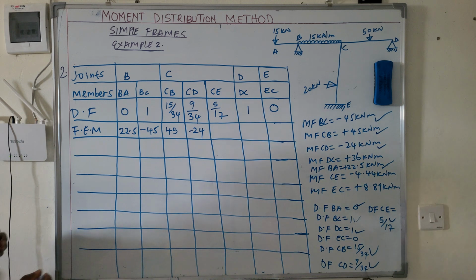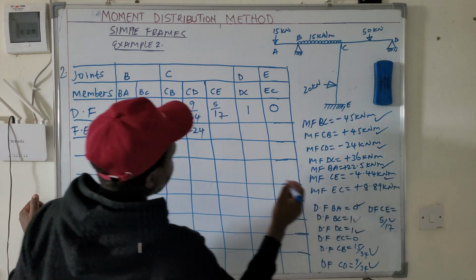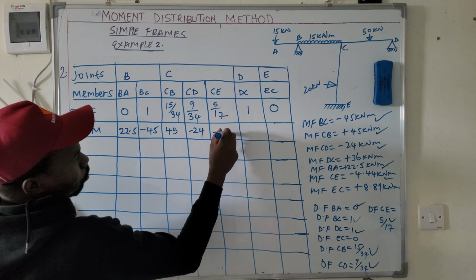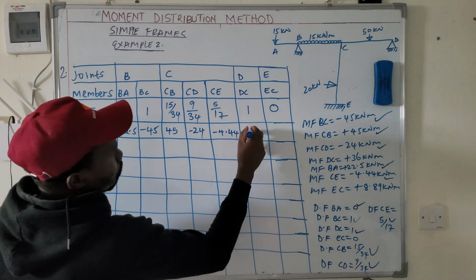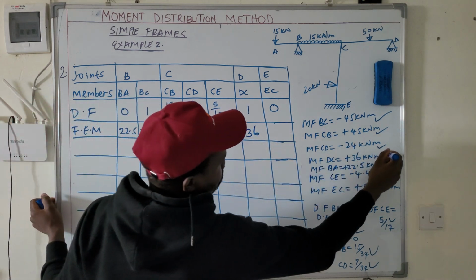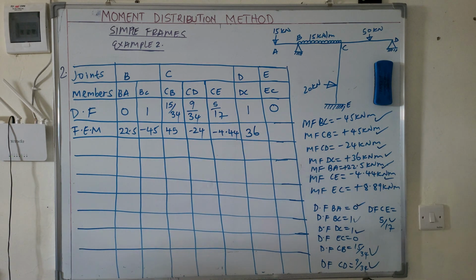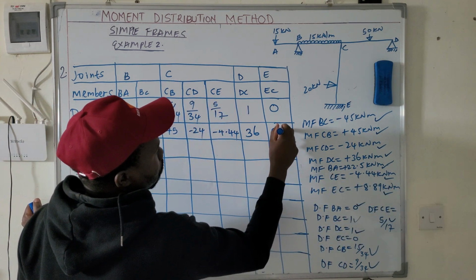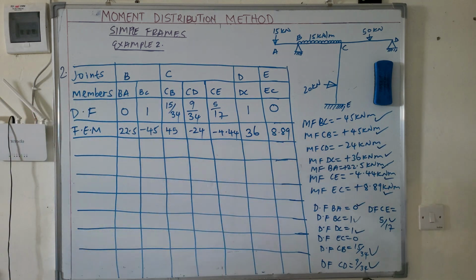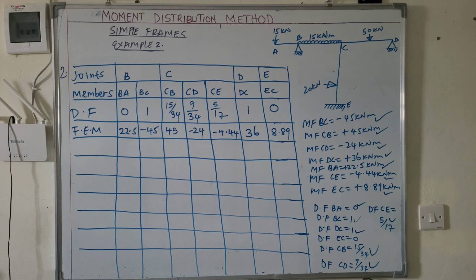Member CE, this one, negative 4.44. Member DC, positive 36. Member EC, this one, 8.89. After that, next is to start balancing this fixed end moment.